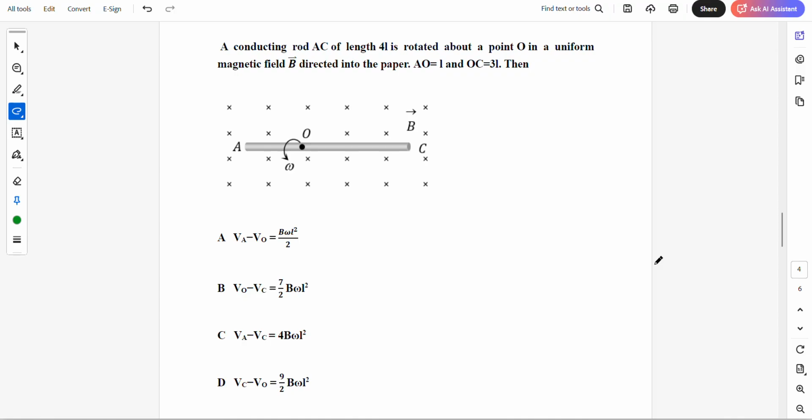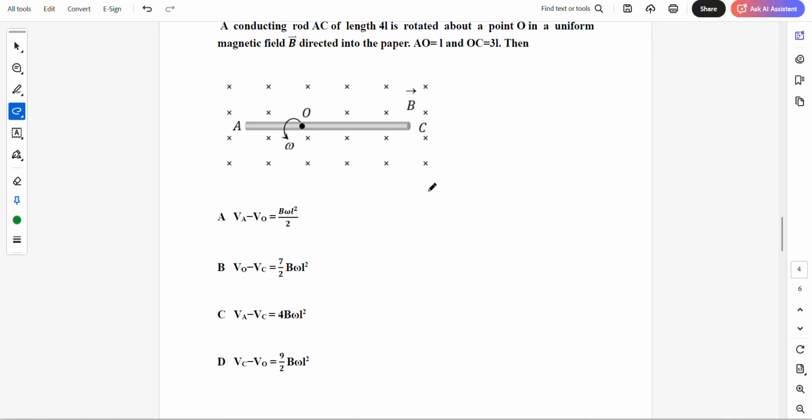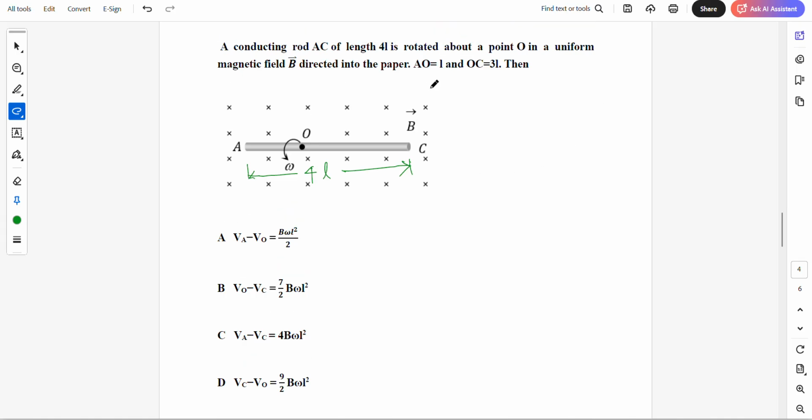What does it say? A conducting rod AC of length 4L is rotated about a point O in a uniform magnetic field directed into the paper.